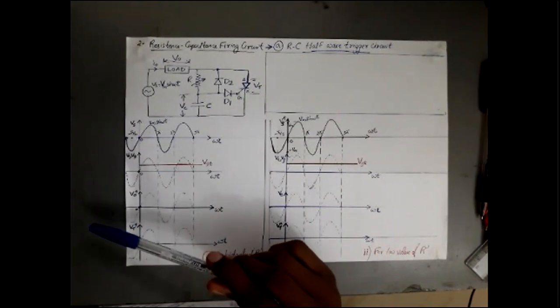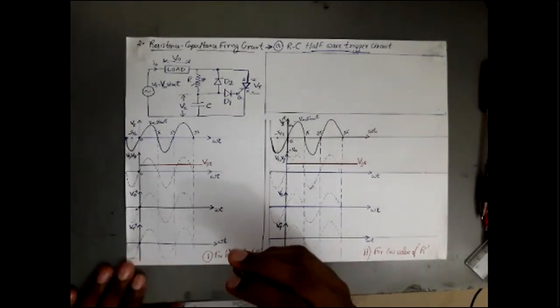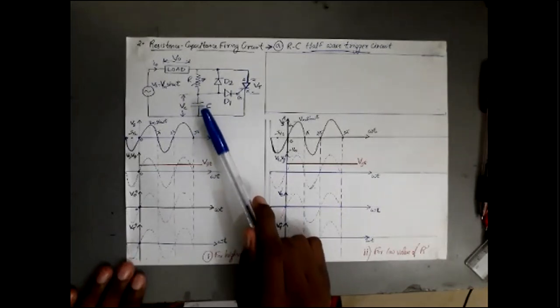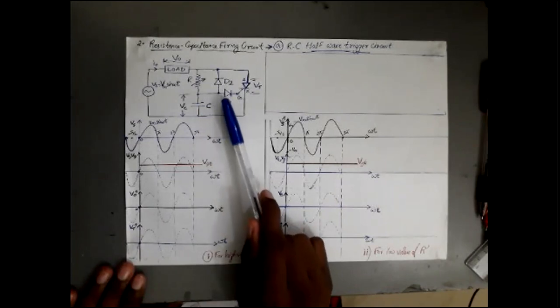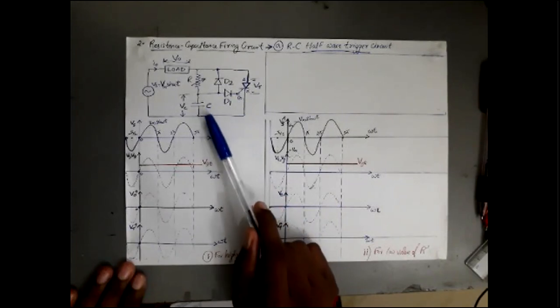Similarly, in this case, I have connected a capacitor across the gate to cathode terminals. So whatever voltage appears across my capacitor will come across the gate to cathode terminal if it is a positive voltage. If its polarity is negative, what happens?